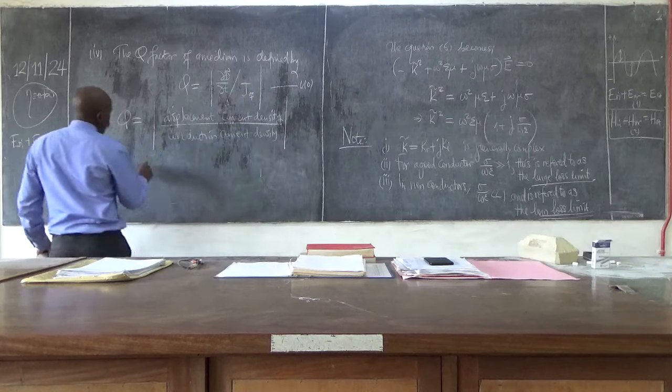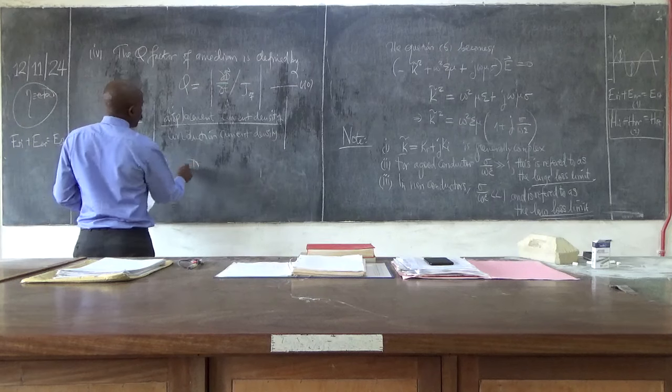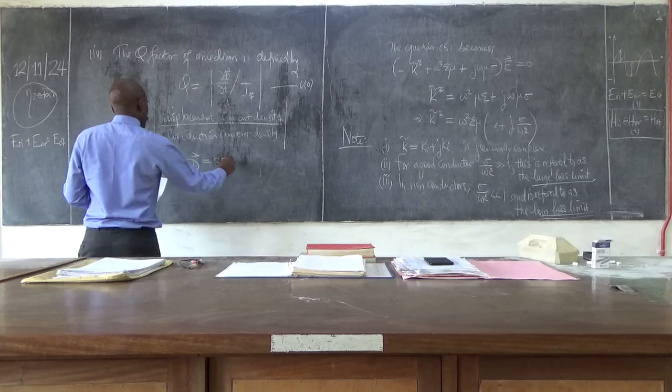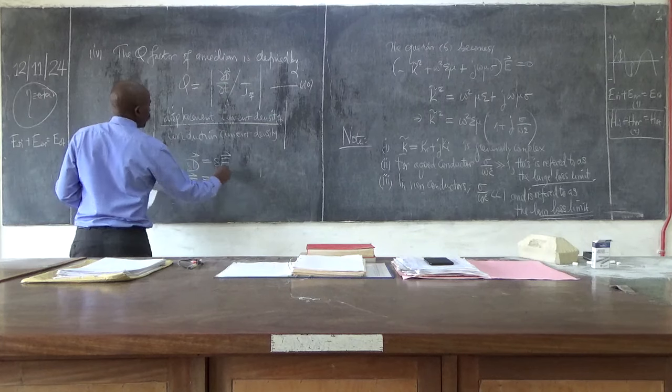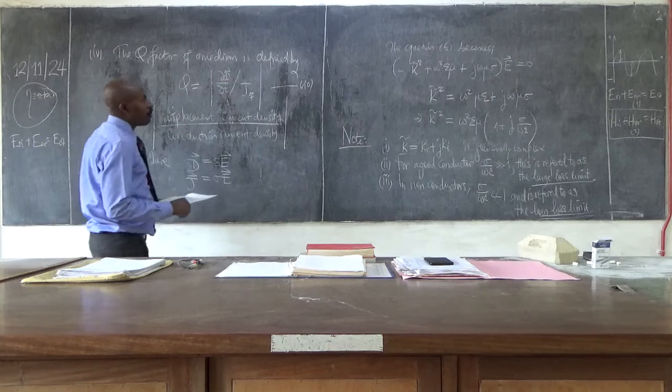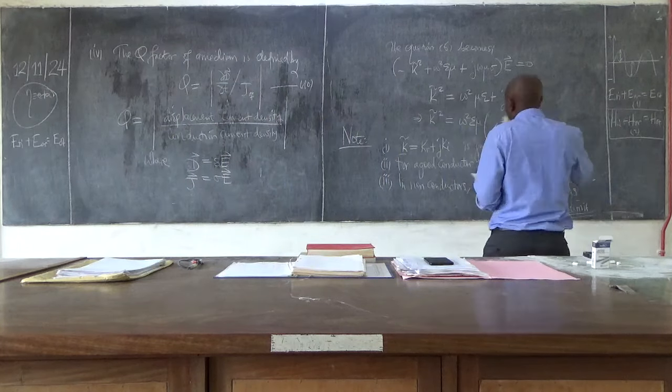And this is where the electric displacement vector is σE, and J equals to σE from the microscopic form of Ohm's law.